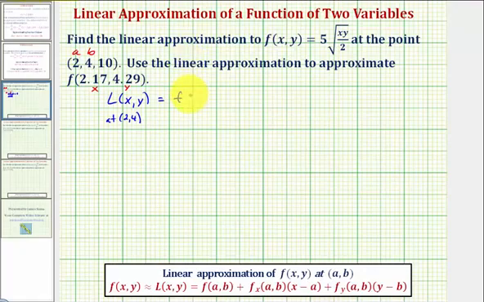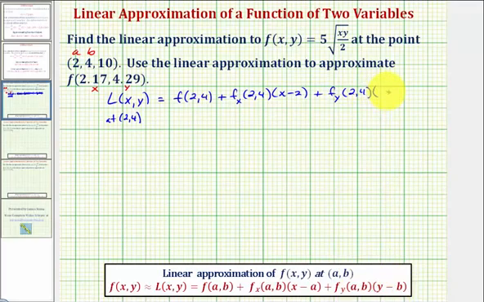So f of a comma b would be f of 2 comma 4 plus the partial with respect to x evaluated at 2 comma 4 times the quantity x minus 2, plus the partial with respect to y evaluated at 2 comma 4 times the quantity y minus b, or y minus 4.